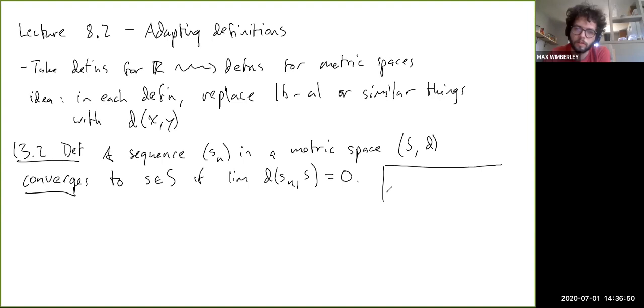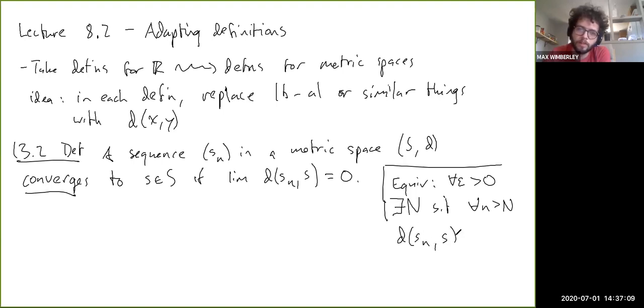So let's just on the side here, equivalently, you could say for all epsilon greater than 0, there exists an N such that for all n greater than N, we have the distance from Sn to S is less than epsilon, right? Instead of the absolute value of Sn minus S, because remember, if Sn is coming from a metric space, we don't even know if it's possible to add or subtract elements of the metric space.